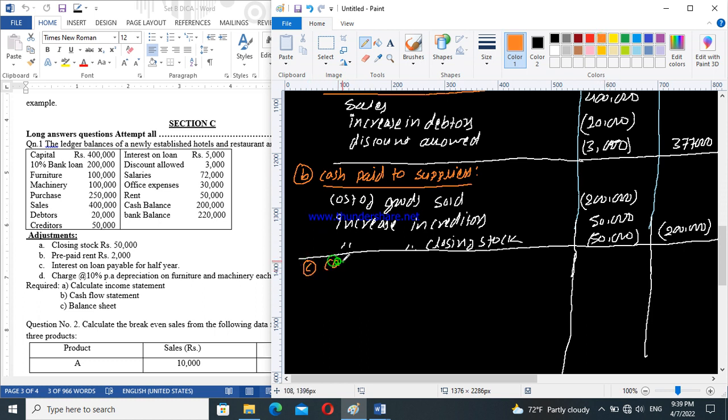C. Cash paid to employee and other expenses.